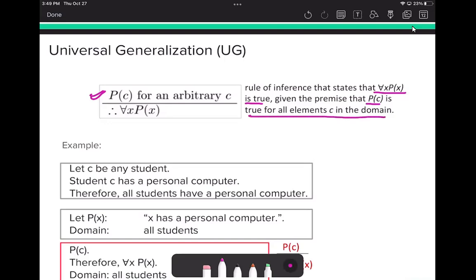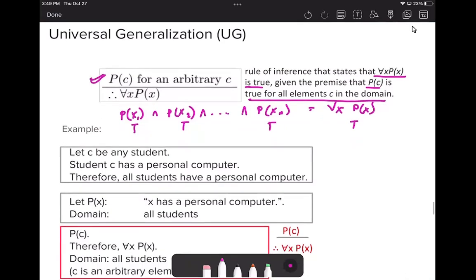So in other words, we have, let's say, p of x sub 1 and p of x sub 2 and until p of x sub n, right? If these all result to true, then we can say that for all x, p of x is also true.